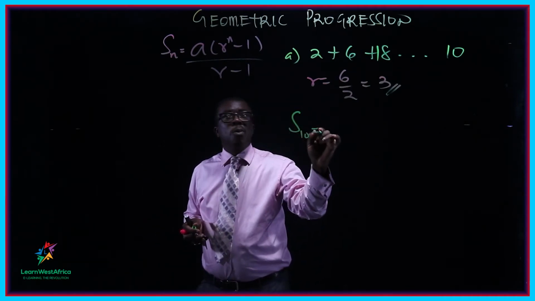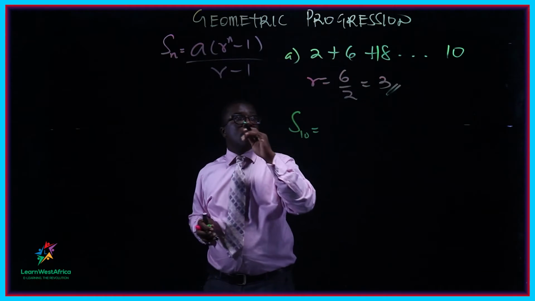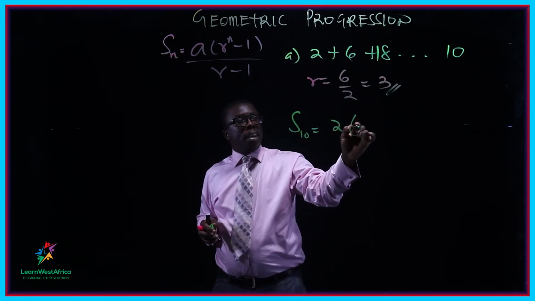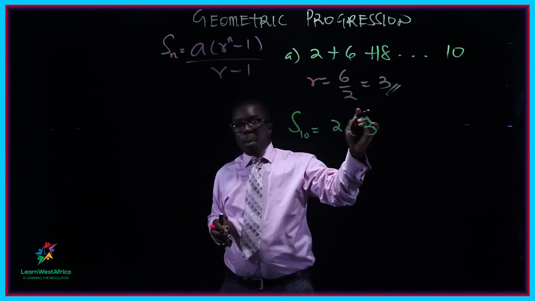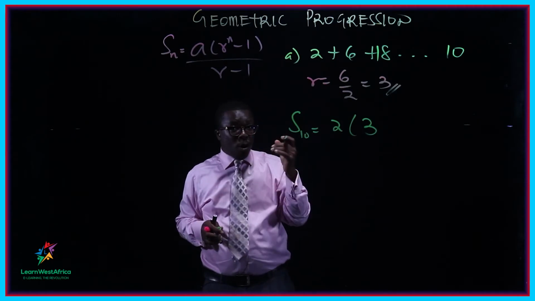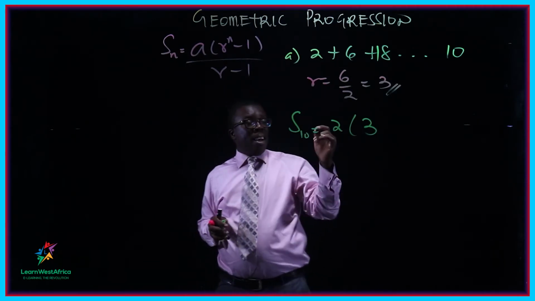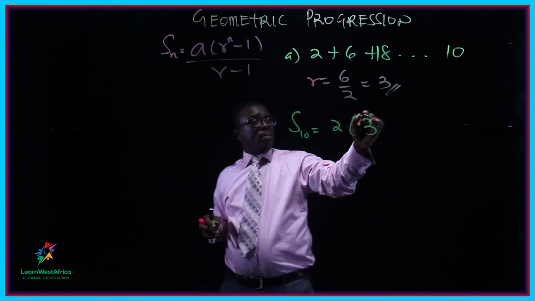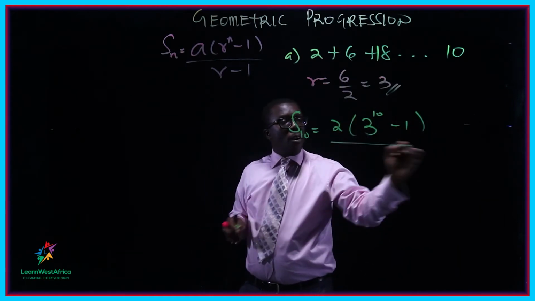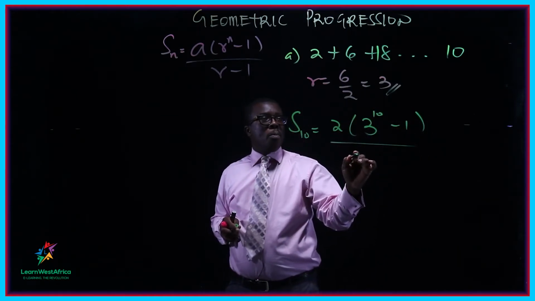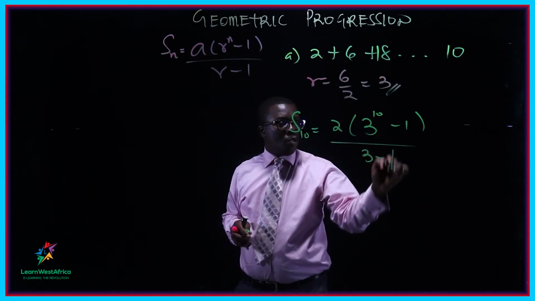So S10 will be A. What is your A? 2 into bracket your r, 3, raised to the power n minus 1. So now because we are looking at 10, 3 raised to the power 10 minus 1, all over r minus 1. So we're going to have 3 minus 1 here.